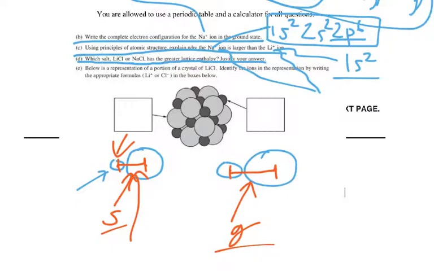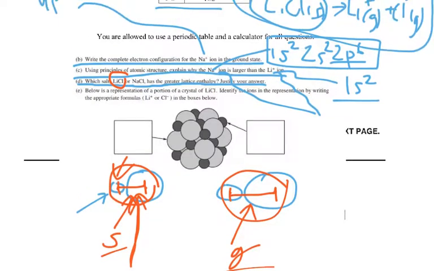Because the bond length in lithium chloride is smaller than in sodium chloride, according to Coulomb's law, the shorter distance will cause a greater attraction in lithium chloride. Because of that, the greater attractions between the 2 ions in lithium chloride will make it harder to break the bond apart, which contributes to a greater lattice enthalpy for lithium chloride.